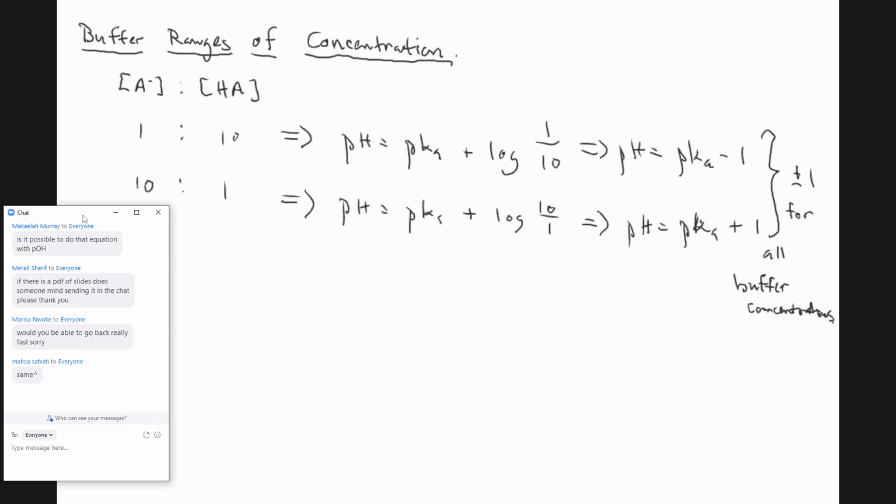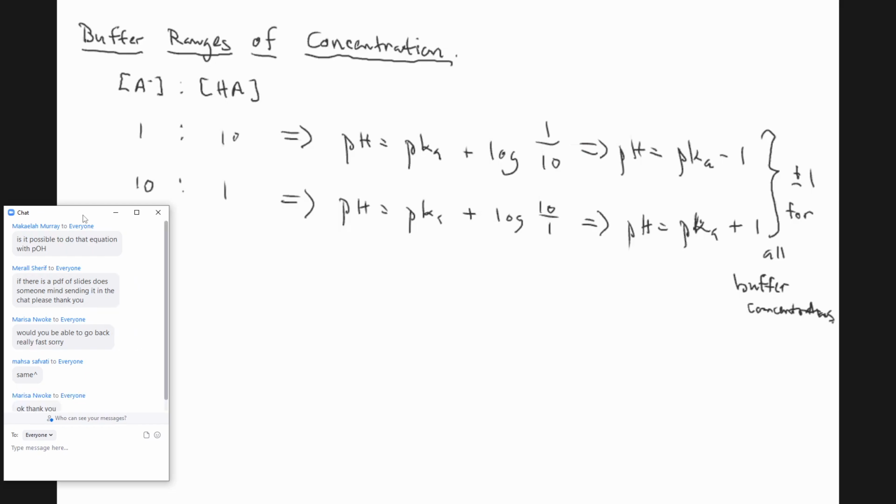Okay, let's take a look at a question dealing with buffers. No worries, going back one slide. It's plus or minus 1 for all buffer concentrations. 1 over 10 is 10 to the negative 1.